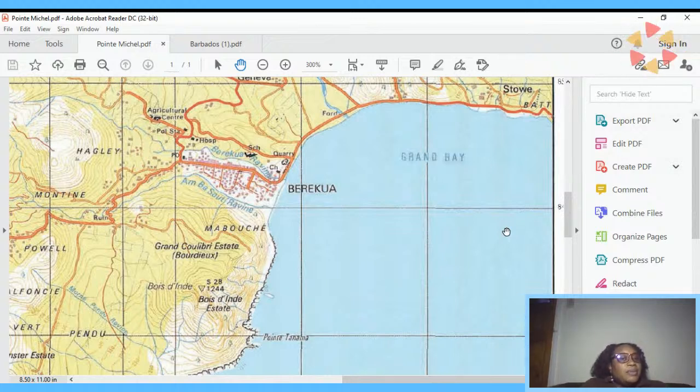If you can't remember what the symbols are, go to your key and it will tell you. PO is post office, POLSTA is police station, HOSP is hospital, SHC is school, CH is church. So the presence of public and social services.